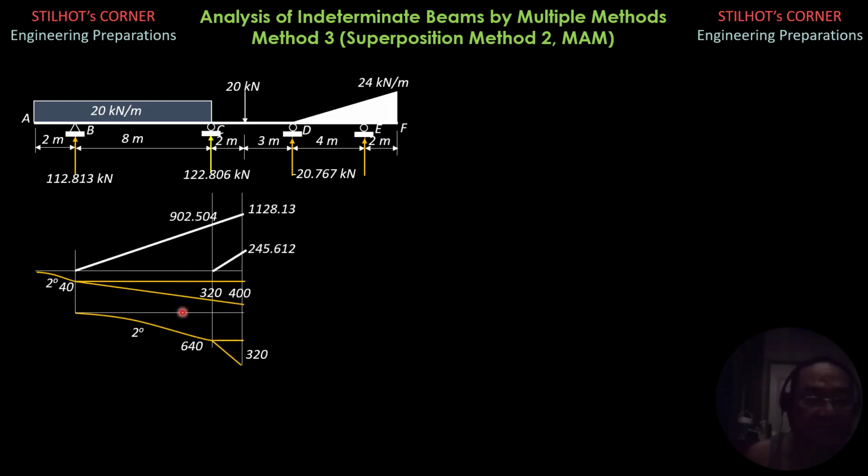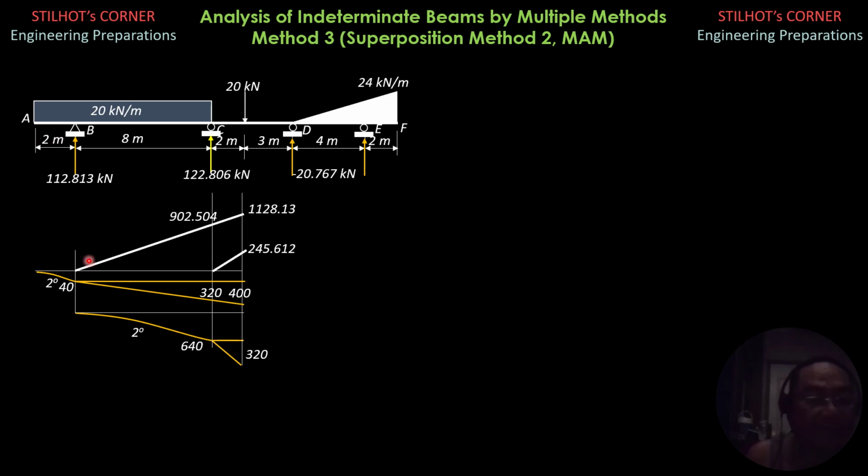So this would be the moment diagram by parts. 112.813 times 10 is 1128.13 over EI. Then 112.813 times 8, that's 902.504. Then moment of this reaction, 122.826 times 2, 245.612.